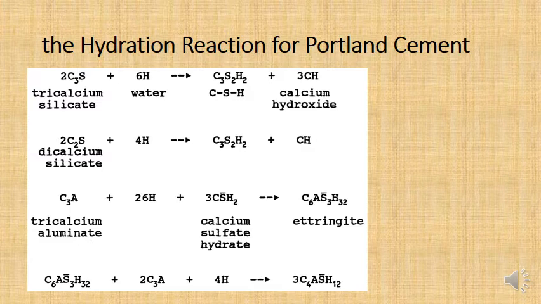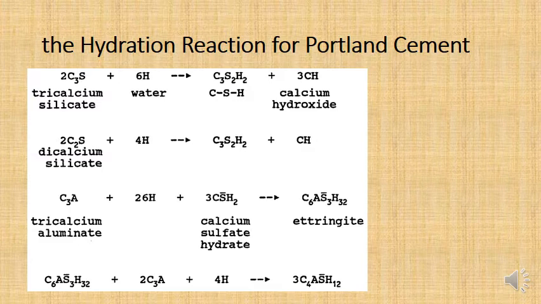There are still tricalcium, dicalcium silicate and tricalcium aluminate molecules inside the concrete, even though it's dried, that will still want to react with water. And if they find water, they will react and form these strong bonds.